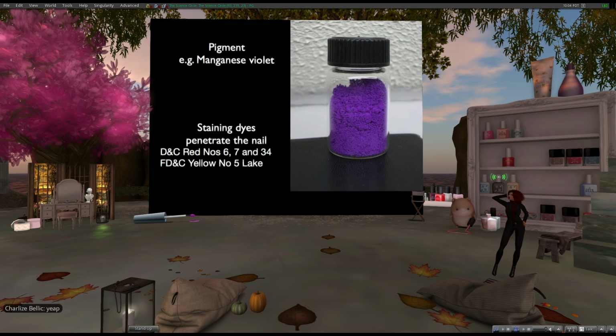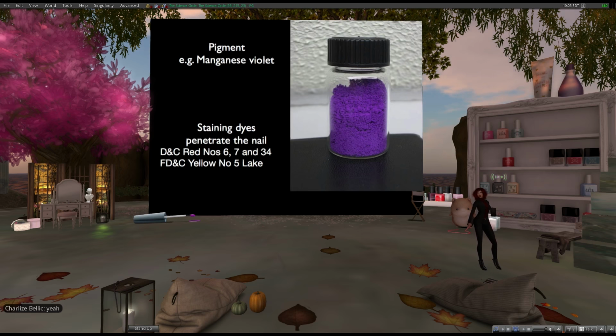So for example, a pigment might be manganese violet. Now some of these pigments are really small molecules, and when they go into the solvent, they dissolve instead of remaining as a particulate. The molecules themselves can then penetrate your nail and leave it colored when the rest of the nail polish is removed.